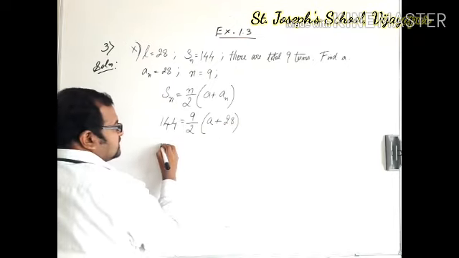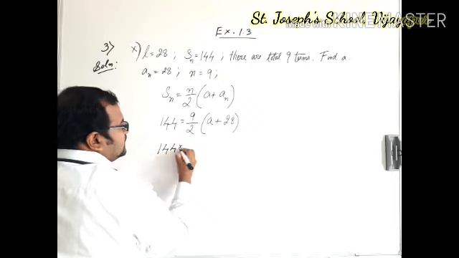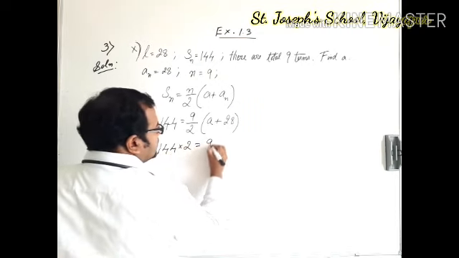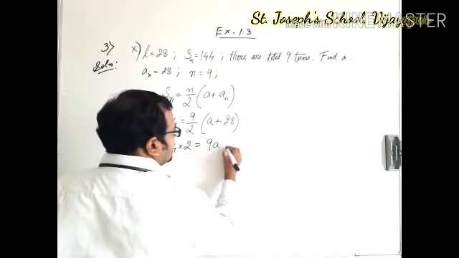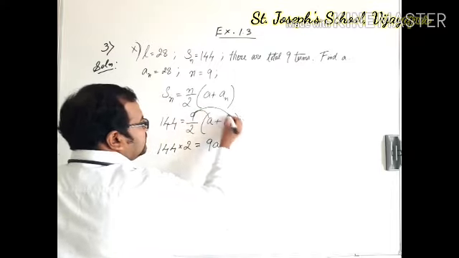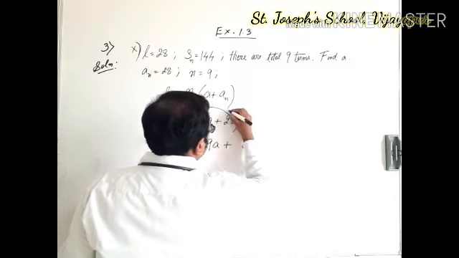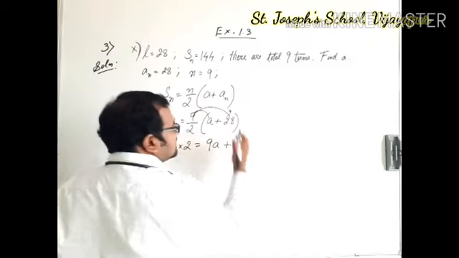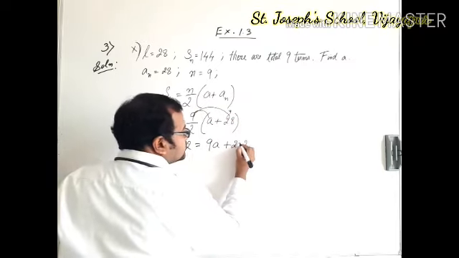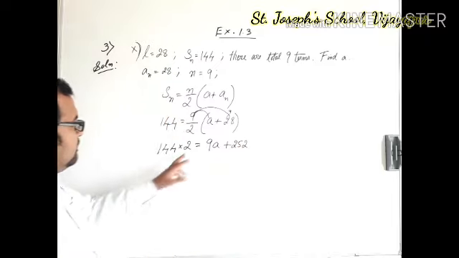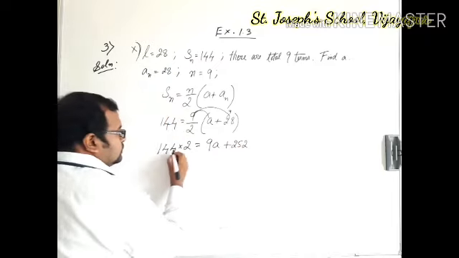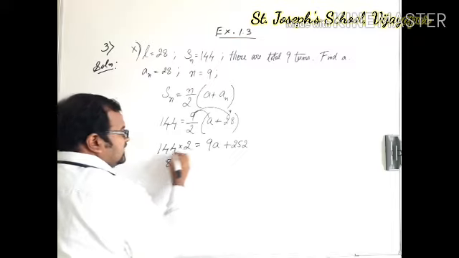Simplify, 2 comes to the other side, becomes 144 into 2 is equal to 9 into a is 9a plus 9 when multiplied to 28, it is 9 8s are 72, 7 carry, 9 2s are 18 plus 7 is 25, so 252. Multiply 144 into 2, so 2 4s are 8, 2 4s are 8, 2 1s are 2.